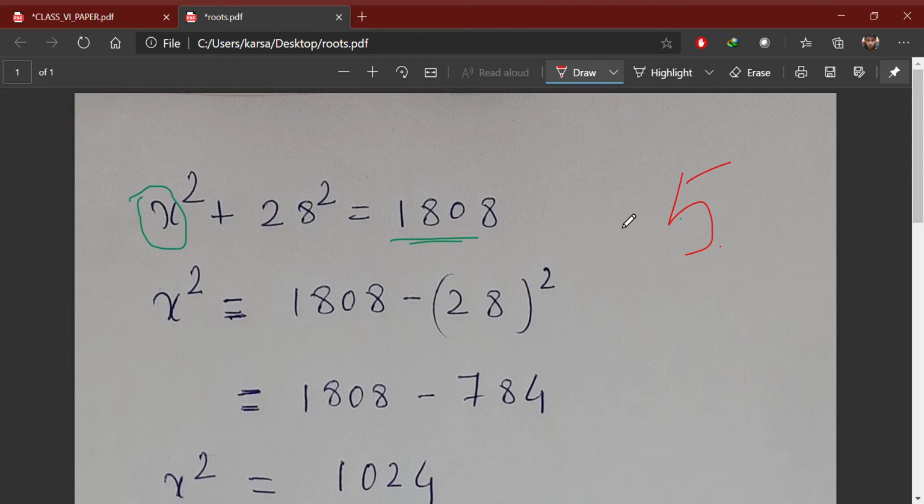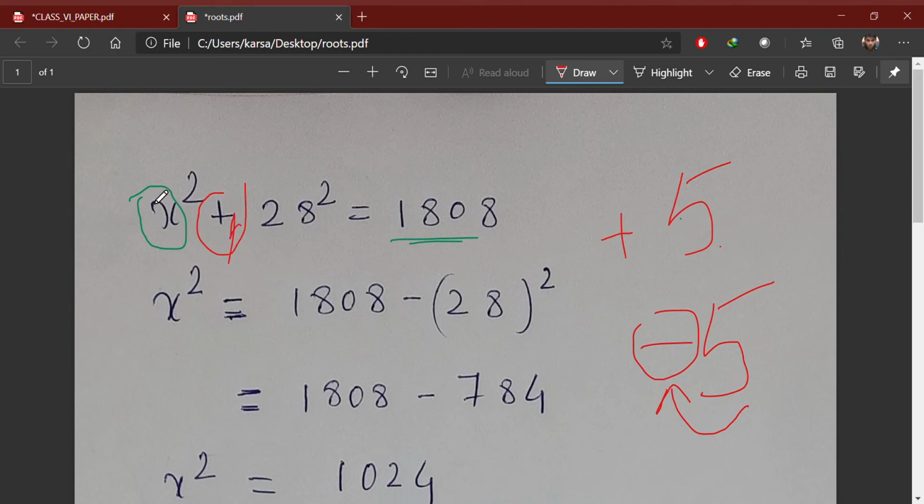The sign of 5 is positive by default. Suppose I write minus 5 here, the sign of 5 is negative. So the sign we always see on the left hand side of the number. So here the sign of 28 square is plus.